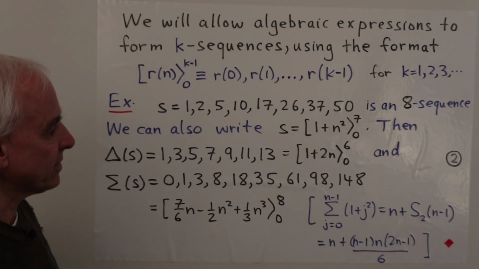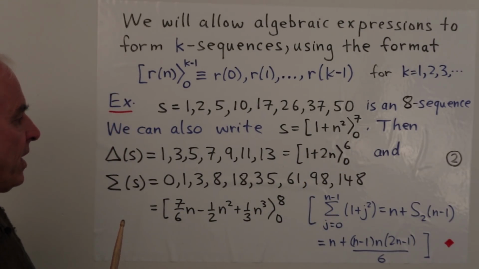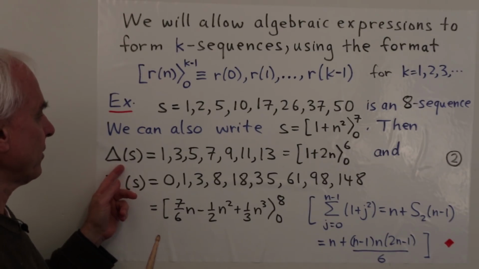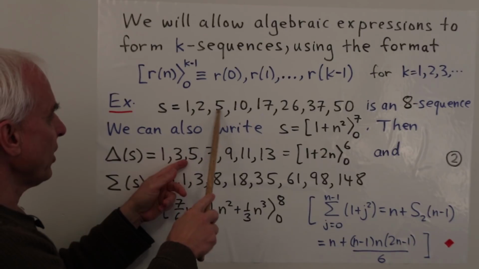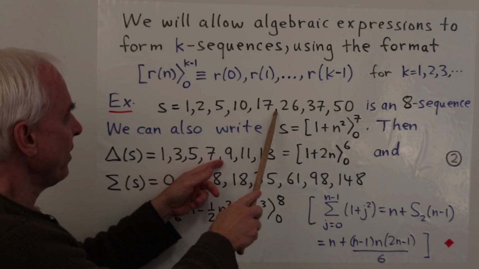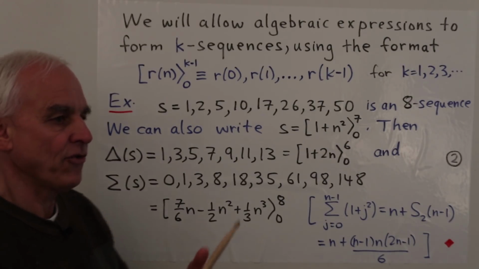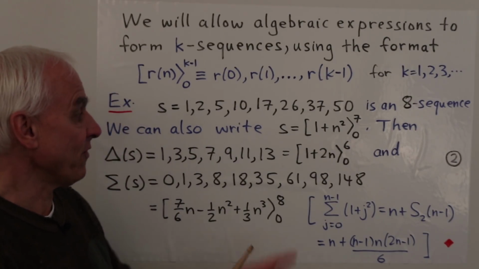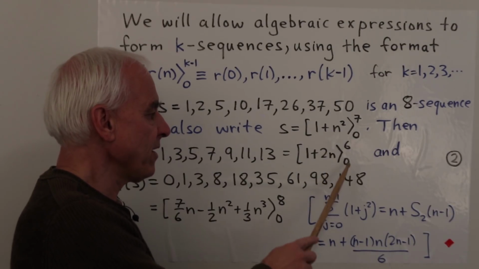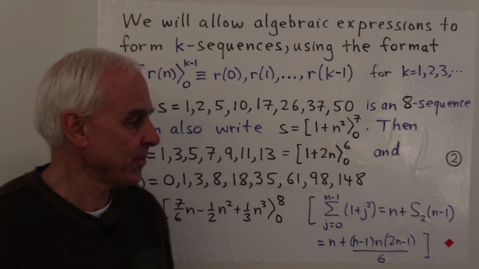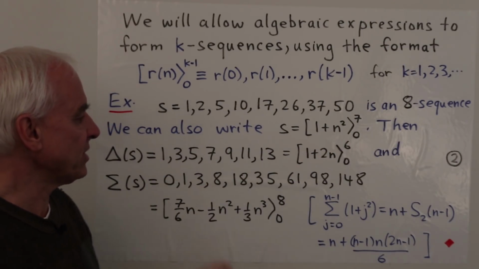Okay, so let's look at this sequence from this algebraic point of view. The difference sequence, successive differences, 1, 3, 5, 7, 9, 11, and 13, can then also be expressed in terms of algebraic notation as the sequence of 1 plus 2n from 0 to 6. When n is 0, we have 1. When n is 6, we have 13.